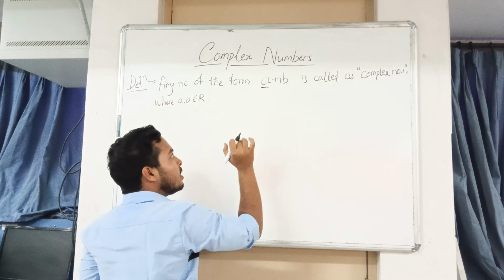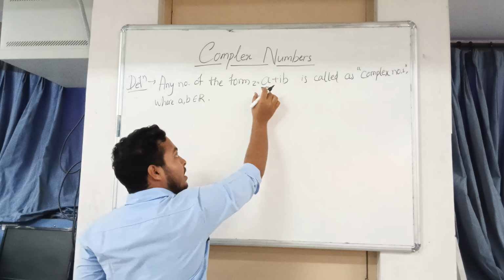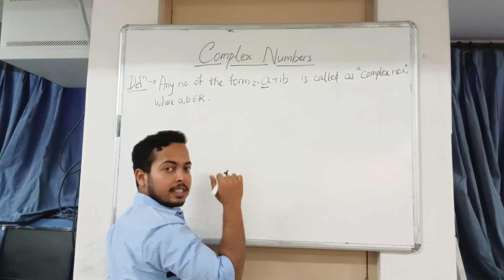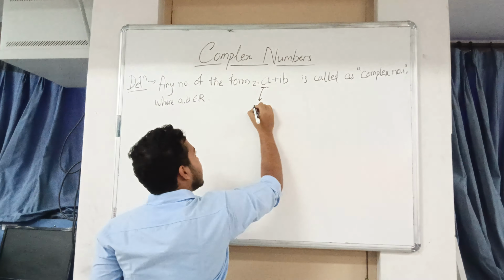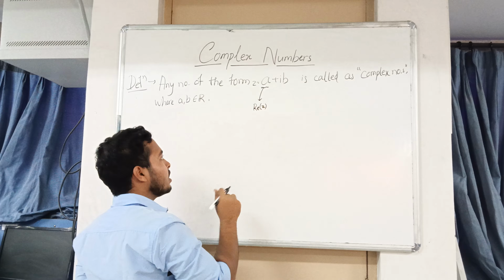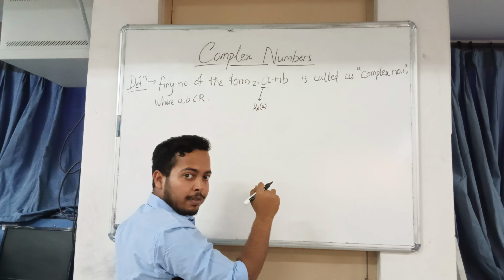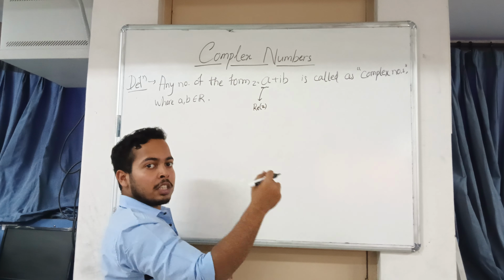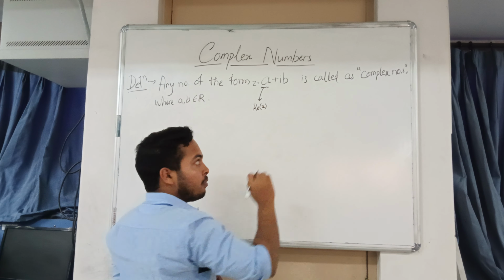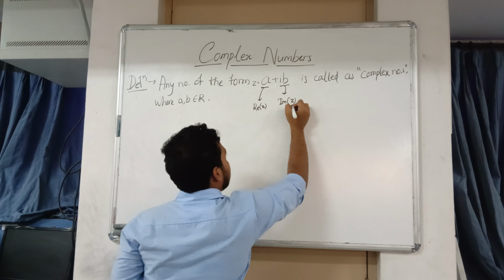Let us denote this complex number as Z. Then the real part of Z would be denoted as Re of Z, that is, real part of Z. And this part, which is the coefficient of i, is called the imaginary part of the complex number Z, which will be denoted as Im of Z.